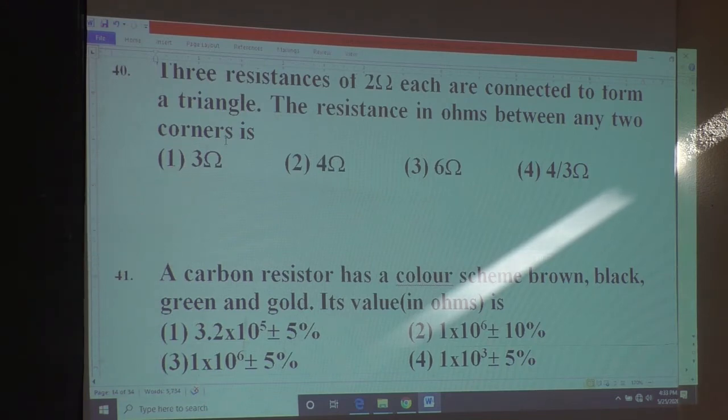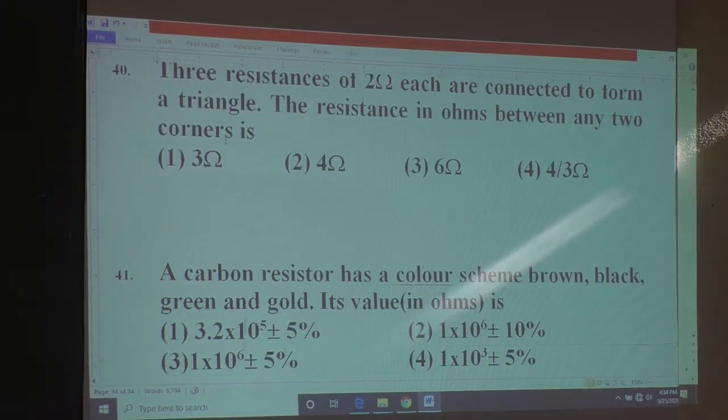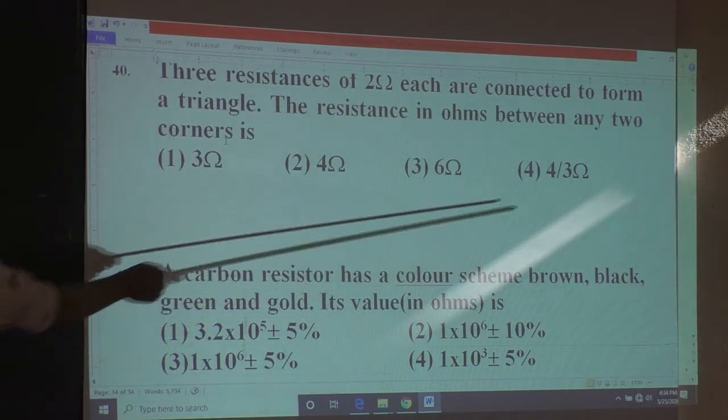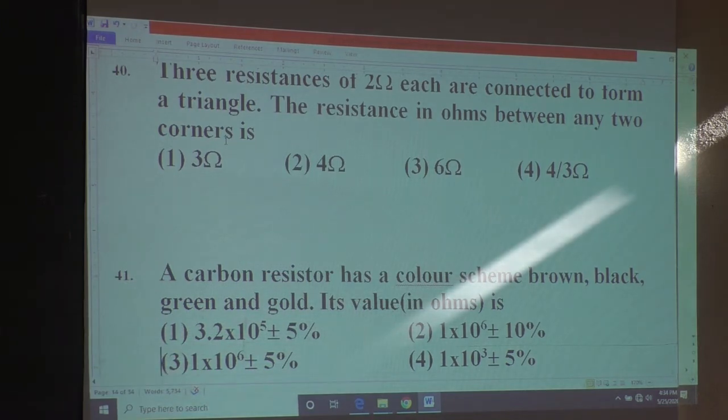If you take base, for example, you will have 2 ohm at the base and 4 ohm at the top, because 2 ohm in series. So finally, what is the answer? Base 2 ohm, the upper sides of the triangle, 2 plus 2, 4. So 4 parallel 2, 4 into 2 by 4 plus 2, 8 by 6, 4 by 3. Do it yourself, option 4, 4 by 3.